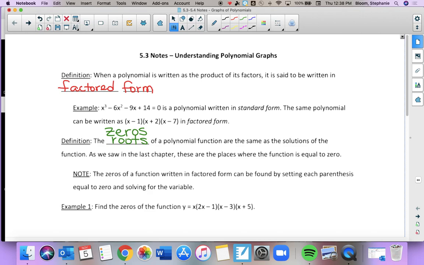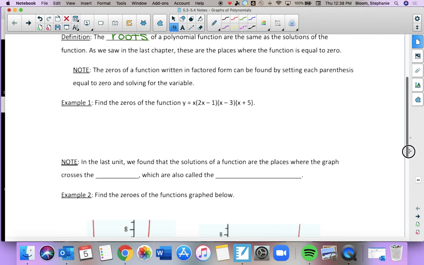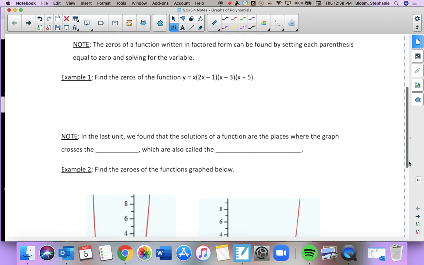And this part you've already done. You guys have already started practicing how to find the zeros, the roots, the solutions to a polynomial function. Okay? So just back to the basics. If I give you something in factored form, so this is already in factored form, what do we do to find the zeros of it? Yeah, set them all equal to 0. So let's just do that.